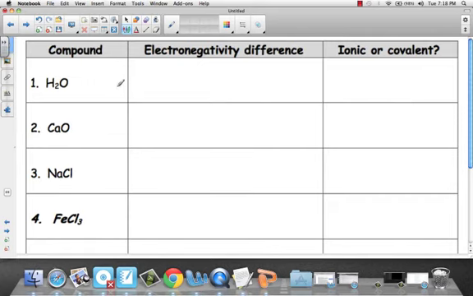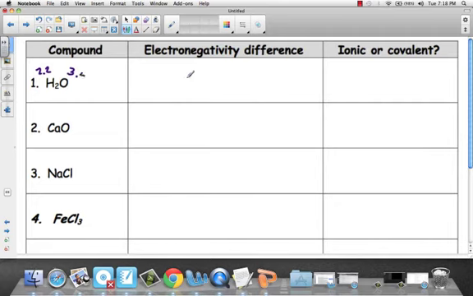So we need to go to table S and look at electronegativity. And we know that H is 2.2 and oxygen is 3.4.